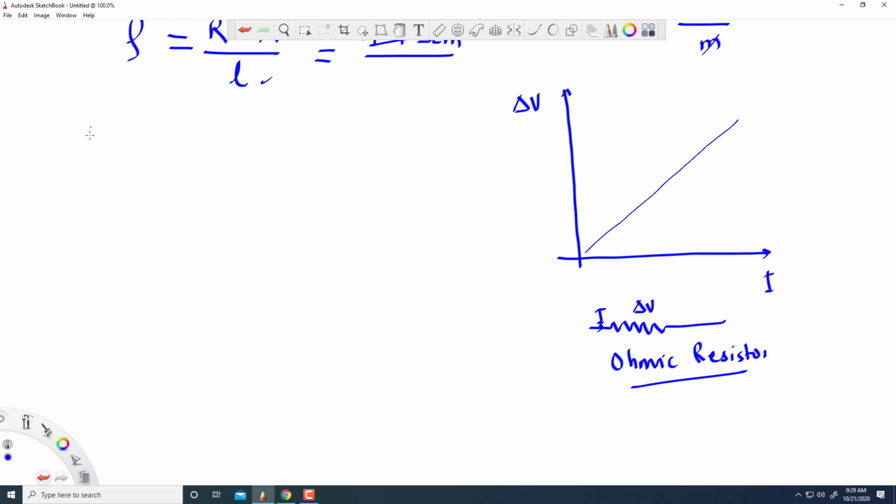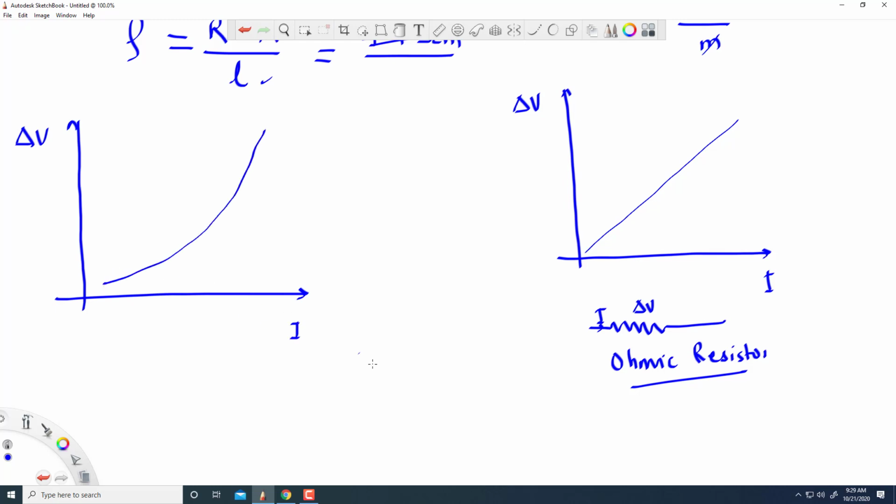But in some resistors, some components, it may not be linear. So delta V and I may not be linear. It may be a little bit of a curve like that. In this case, the component is non-ohmic. It's called a non-ohmic resistor.